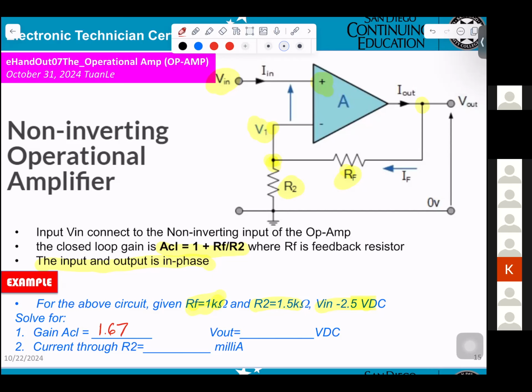Anyone get it? Remember, 1 plus RF over R2, and V out will be the gain times V in. V in is minus 2.5.